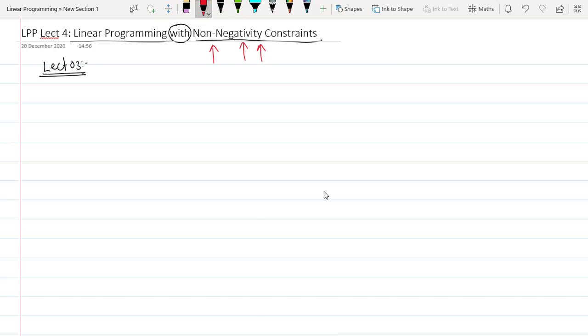Okay, so let's see one example. With the help of this example I will try to illustrate this. So let's take one simple example.